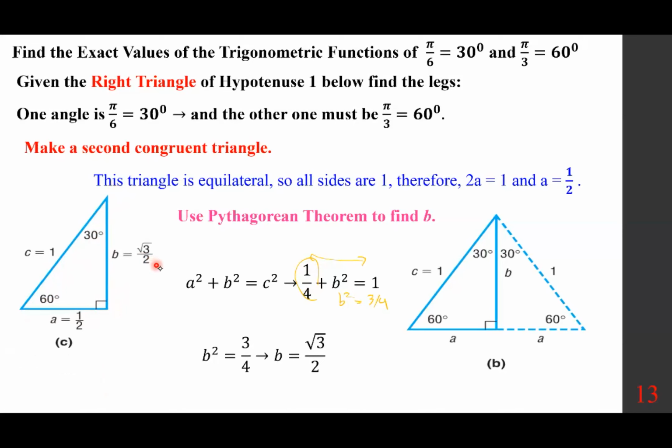So we're going to put that on a unit circle. Remember, why did we choose this to be 1? So we can go with the unit circle. So we're going to put that in a unit circle and come up with the values of the trigonometric functions for those two important common arcs. So we're going to use this information to finish answering the question.